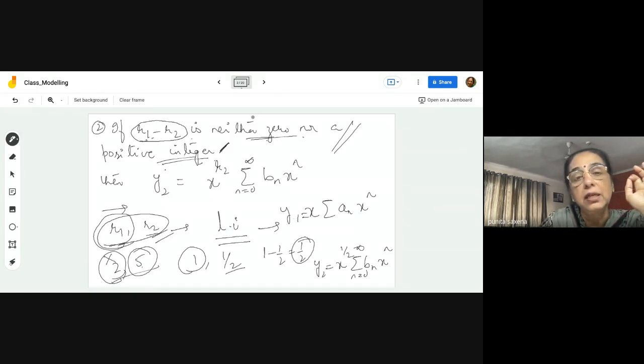In fact, when R1 minus R2 is 0, that means R1 is equal to R2, so definitely there is only one power series. But even when R1 minus R2 is a positive integer, then also it may or may not exist. Okay, is this clear? So once we have to write down the series, we have to ensure this thing also. Is this clear, or is there any doubt about it?